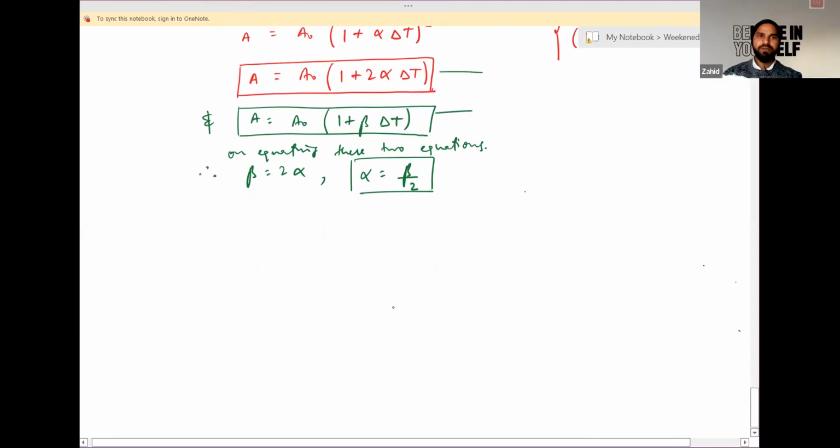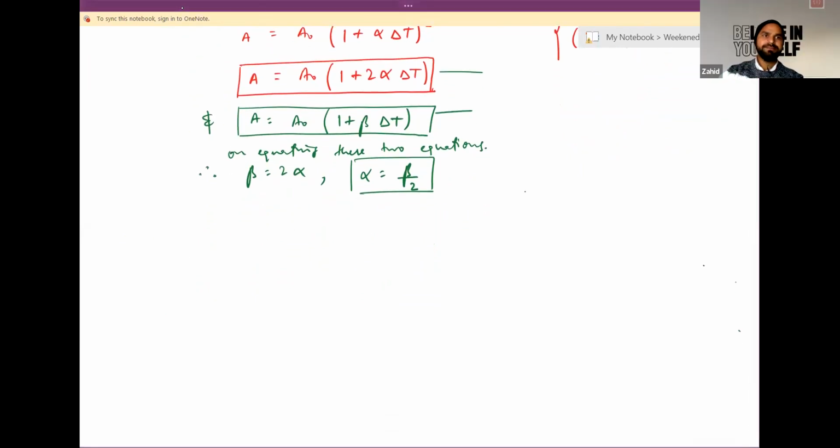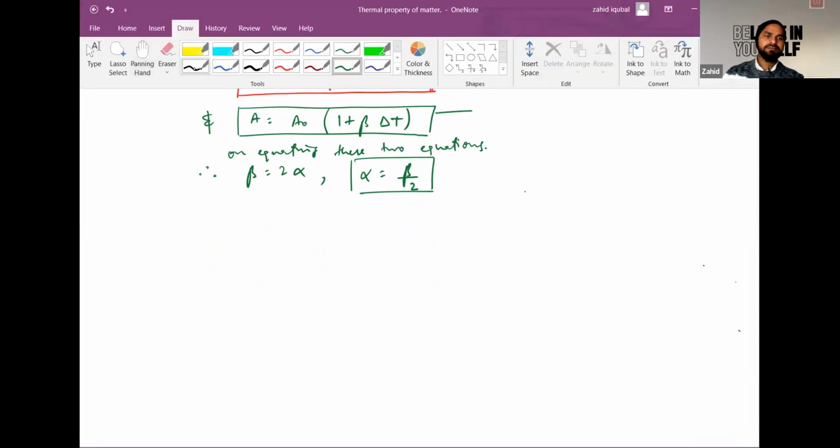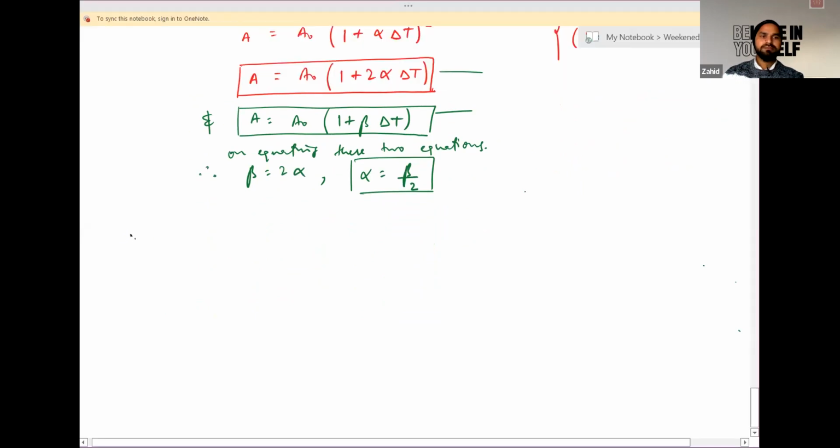Similarly, we may define the volumetric part as well, volumetric or cubical expansion.